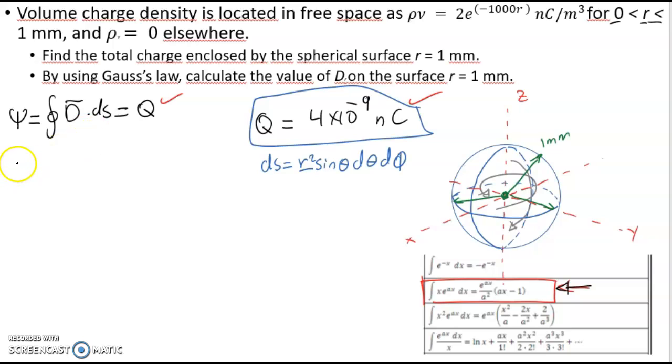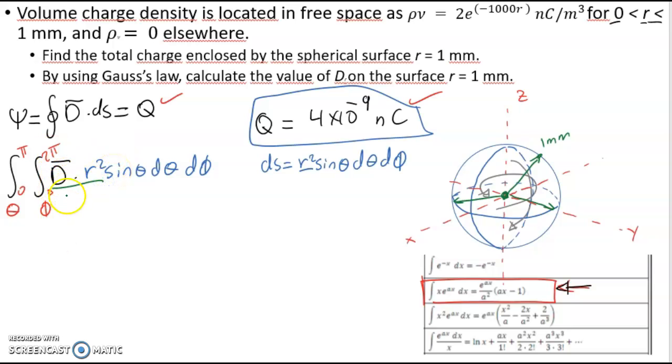So we'll get the double integration of D times ds, radius squared sine of theta d theta d phi, for theta from 0 to pi and phi from 0 to 2 pi. And the radius is actually a fixed value.